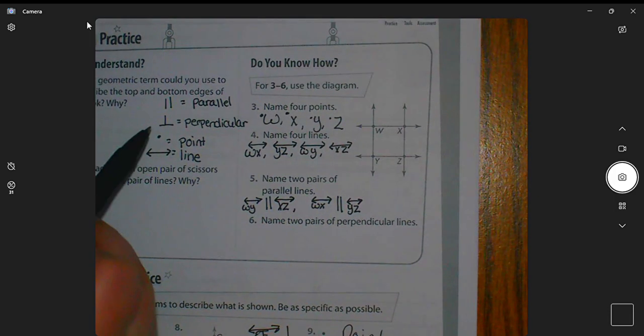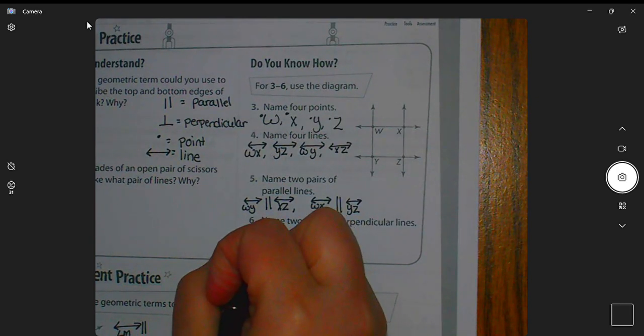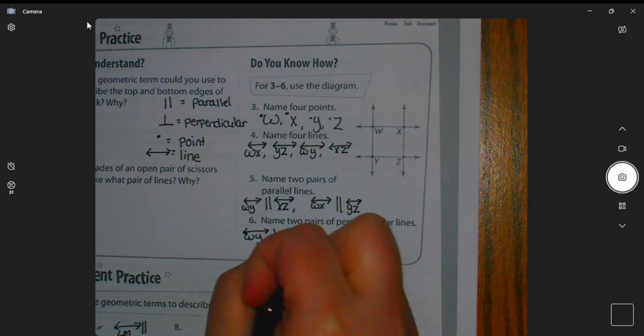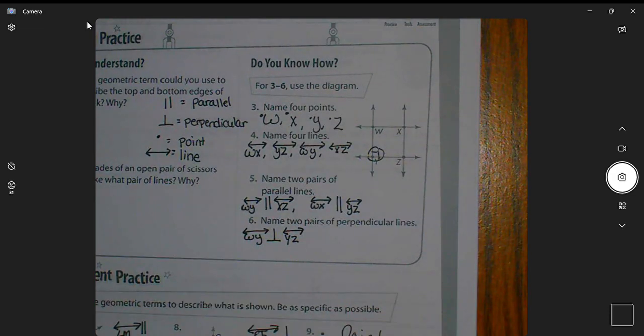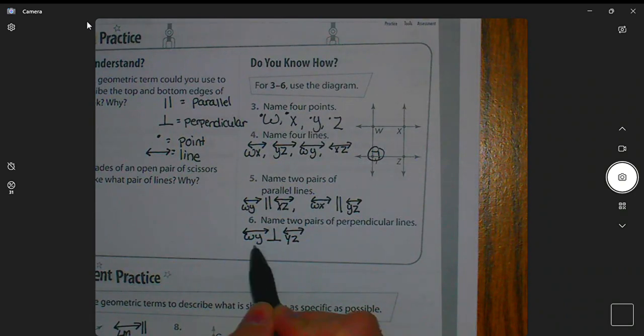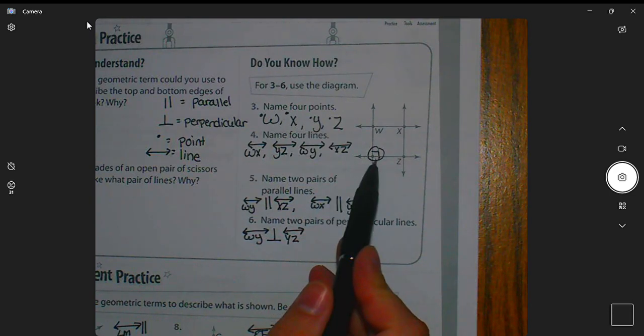So we're going to be using this upside down T. Ready? I'm going to say line WY is perpendicular to line YZ, because it has to be at an area where it's going to have a tattletale form. So where they run through each other is at point Y. So both lines should have Y somewhere in its name, because that's the point they both run through.